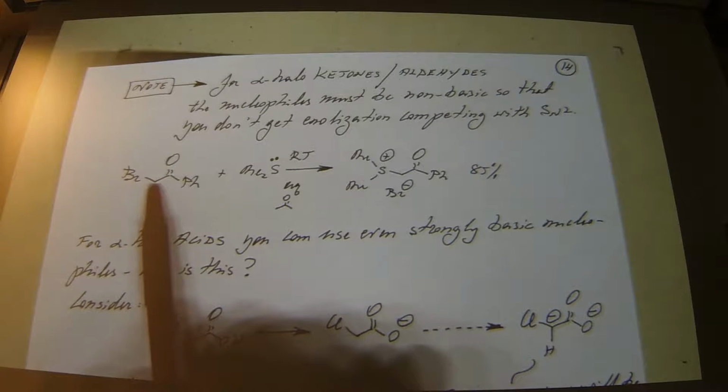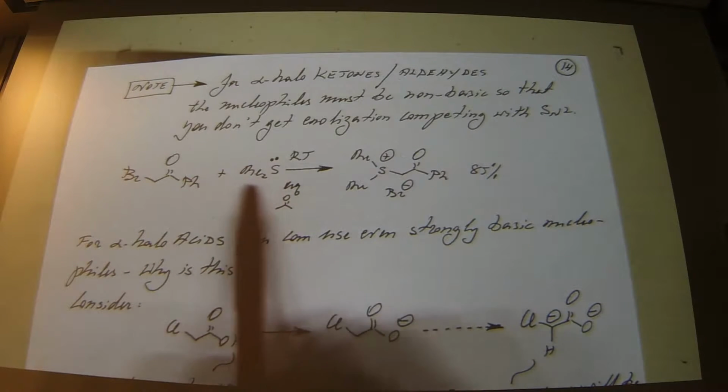Once you get the enolate, it's completely unreactive towards substitution, because you'll have a negative charge on that carbon atom, so you're not going to do an SN2 reaction there. That's why you need non-basic nucleophiles like methyl sulfide.